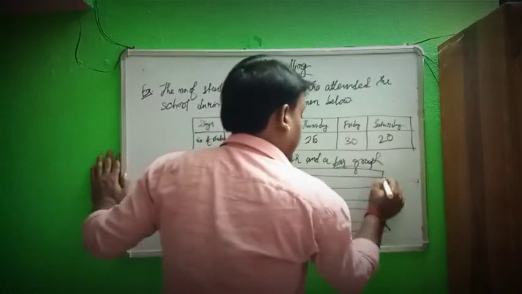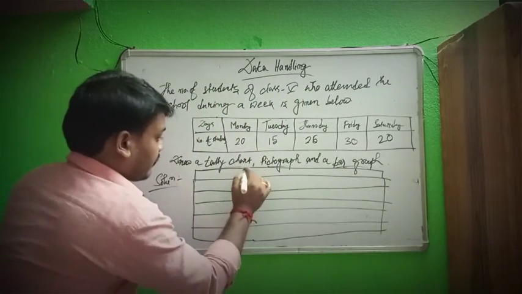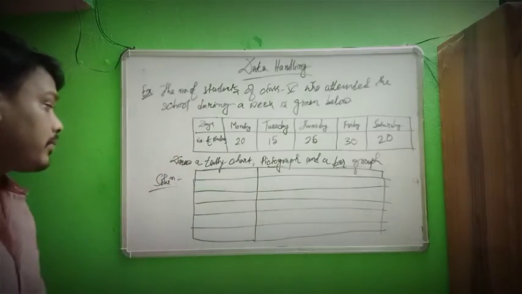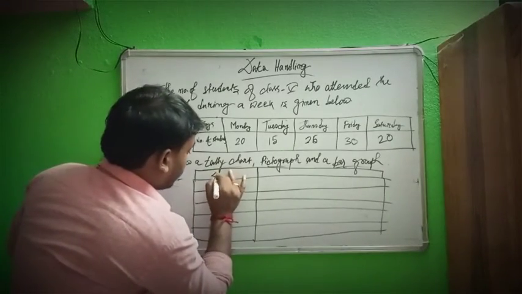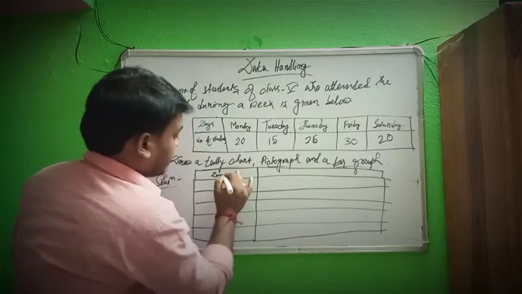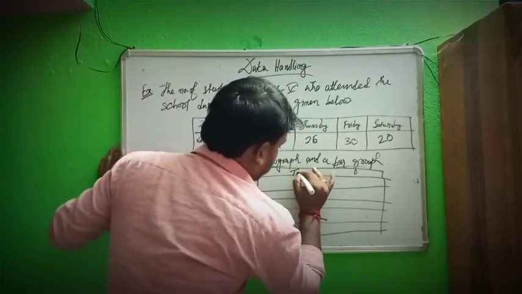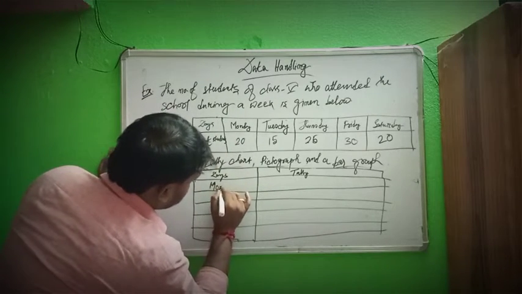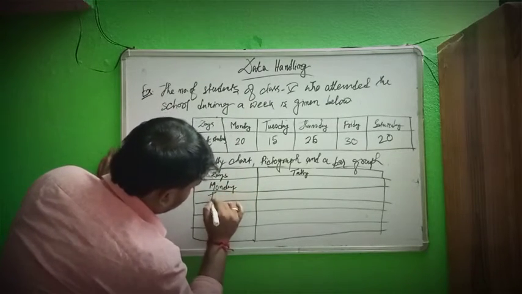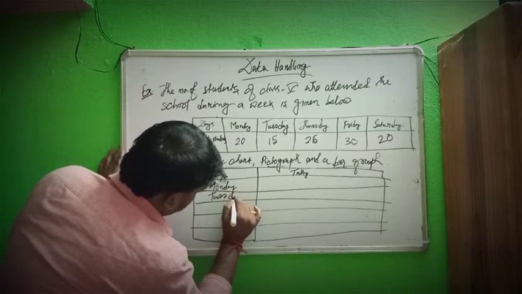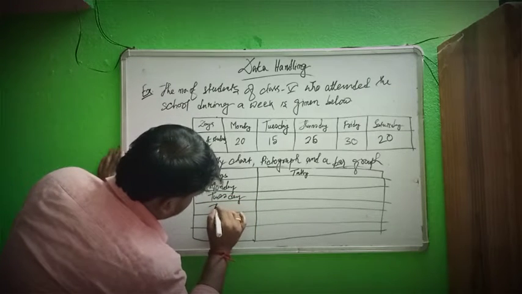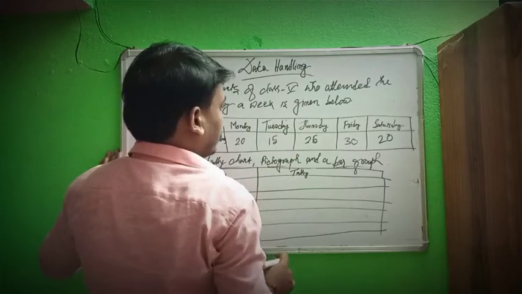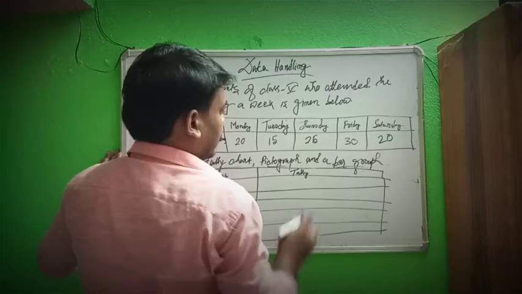Solution. The tally chart means we represent the values by tally. For the tally chart, we need a row for days and a row for tally. Days: Monday, Tuesday, Thursday, Friday, and Saturday. Oh, here I have not written Wednesday.